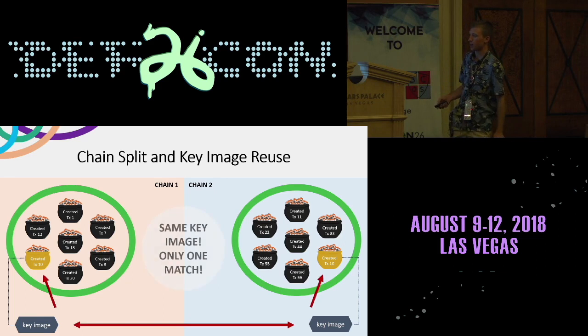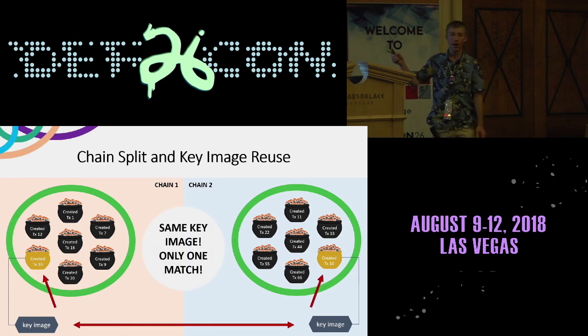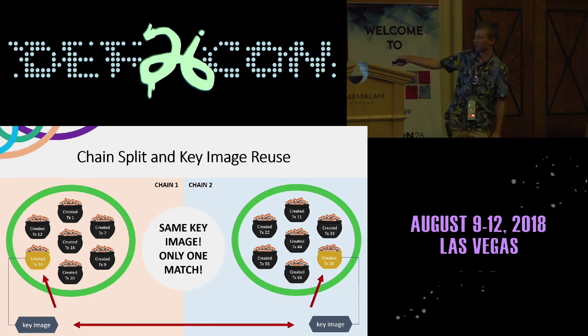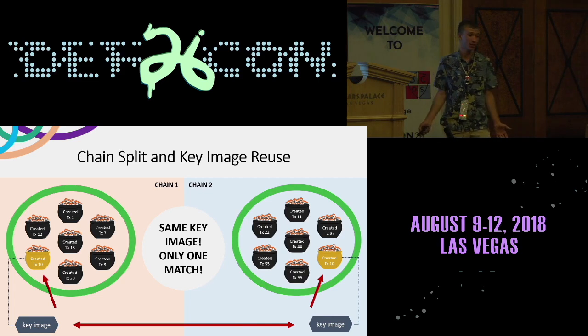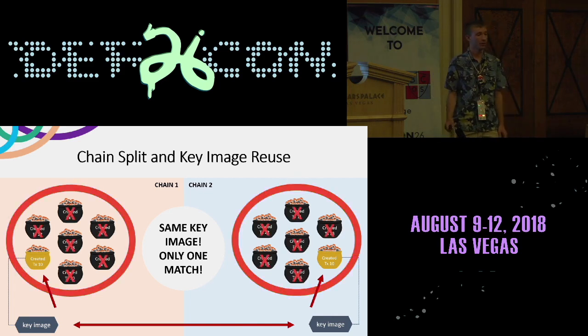And you can see here, for example, that there's one output that is shared. They have the same TX10 output on both, but all the other ones are different. There's no other overlap in these outputs, so you're able to say, okay, since this is the only possible output that could have been spent in both transactions, I know to eliminate all of the other ones here.